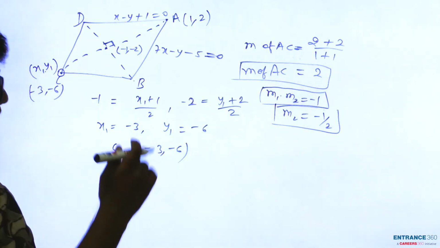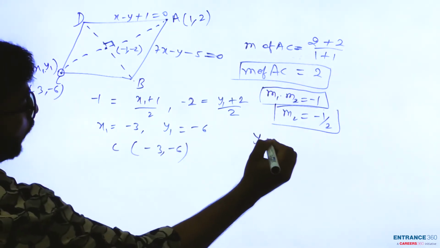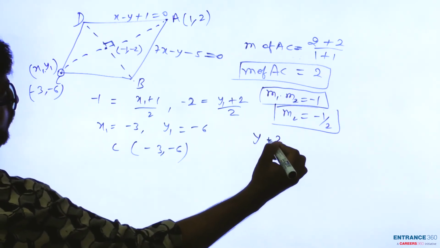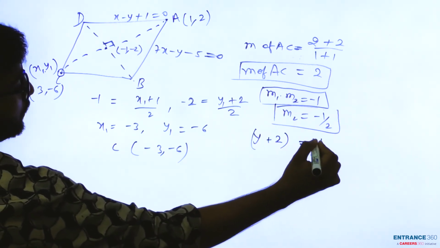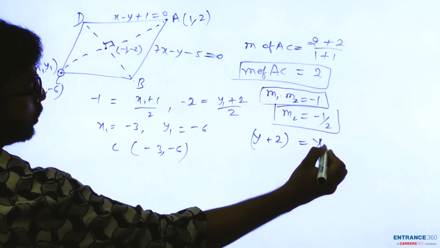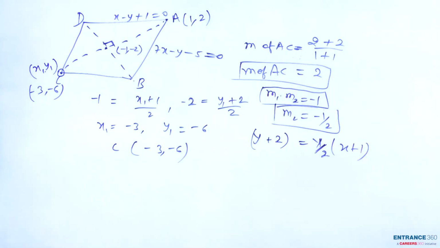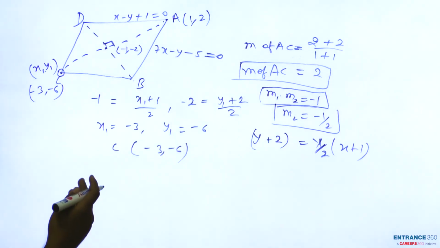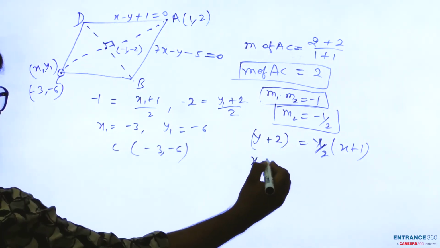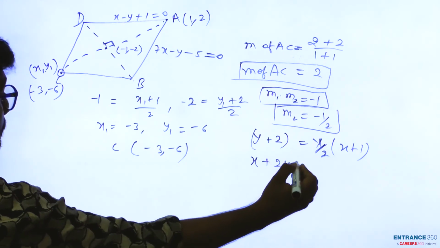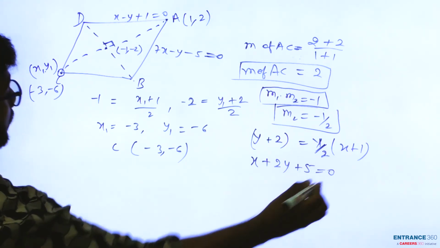By the slope point form, y plus 2 equals minus 1 by 2 times (x plus 1). Solving this, we get x plus 2y plus 5 equal to 0.